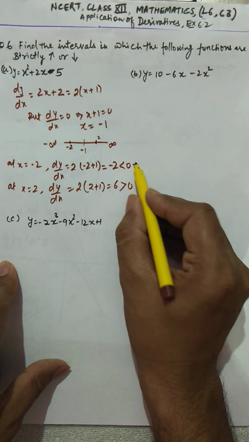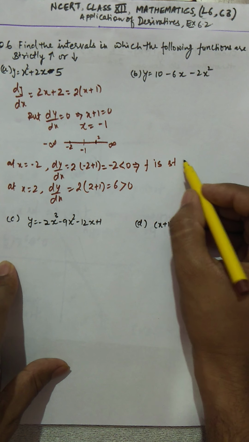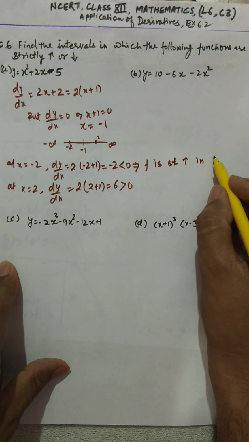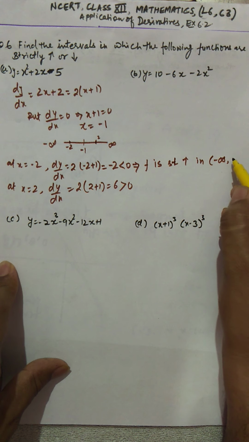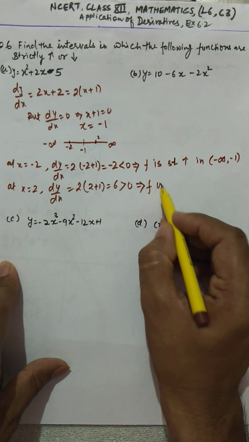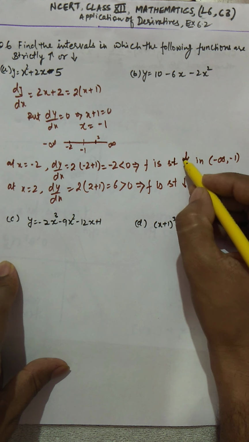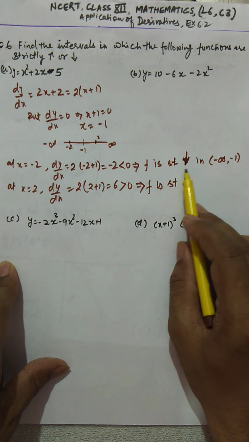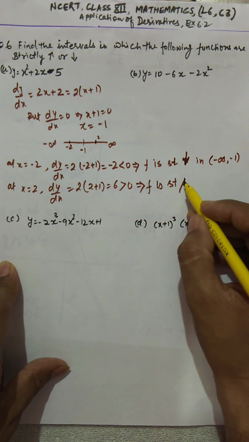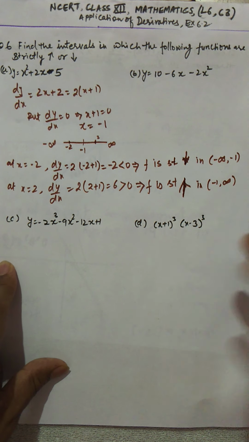So here we can write that f is strictly increasing in minus 1 to plus infinity, and f is strictly decreasing, this is the negative sign, in minus infinity to minus 1.